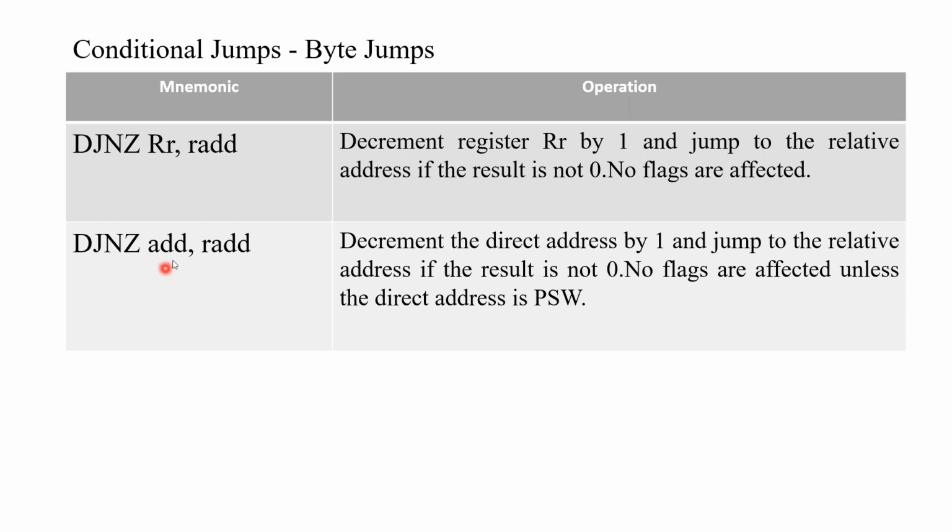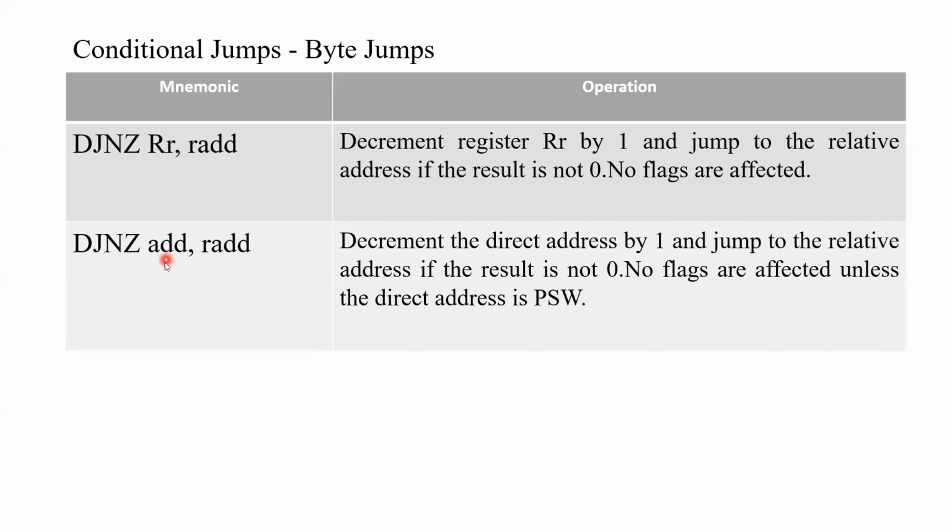It will decrement the direct memory address by 1 and compare whether the value is equal to 0 or not. If it is not 0, jump to the relative address. Also, no flags are affected by this instruction unless the direct address is that of the PSW, program status word.